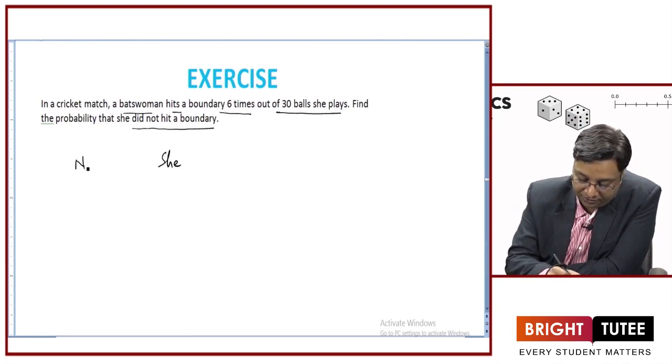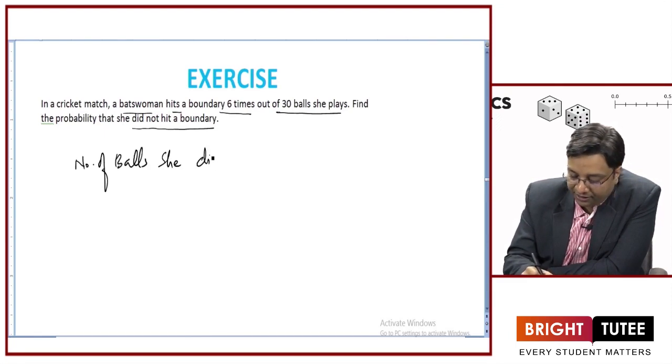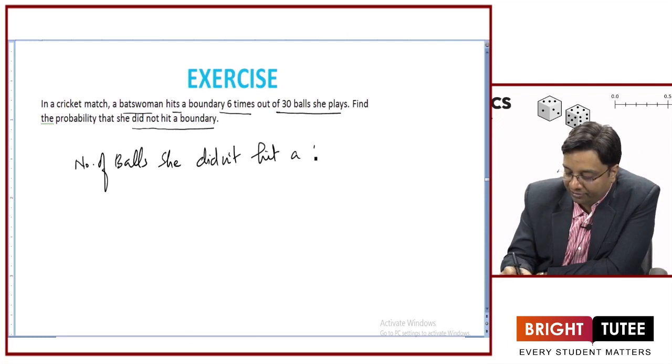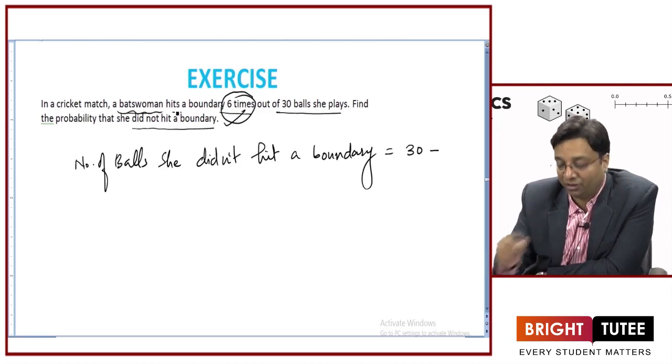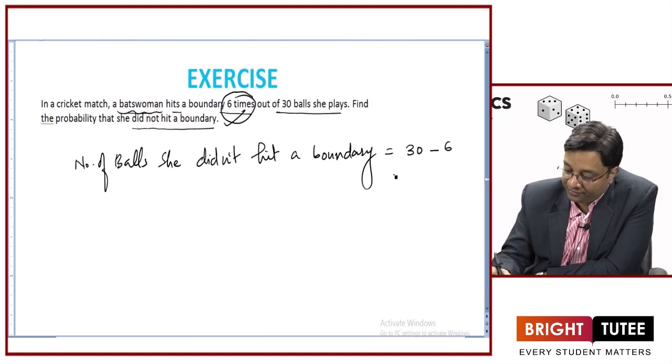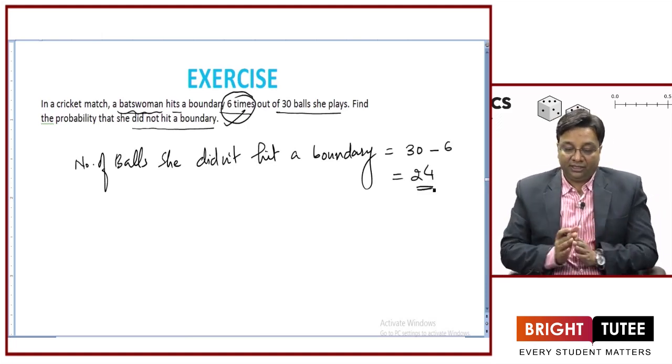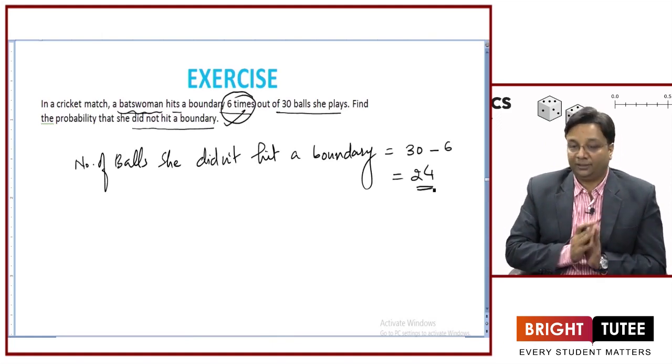The number of balls on which she did not hit a boundary is equal to the total number of balls minus 6, because these are the balls on which this batswoman hit the boundary. So 30 minus 6, 24 balls were such on which she did not hit a boundary.